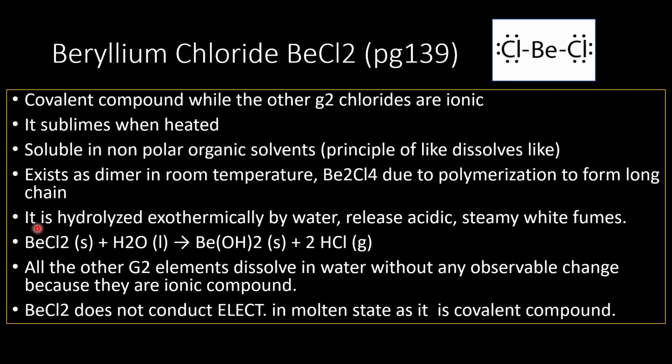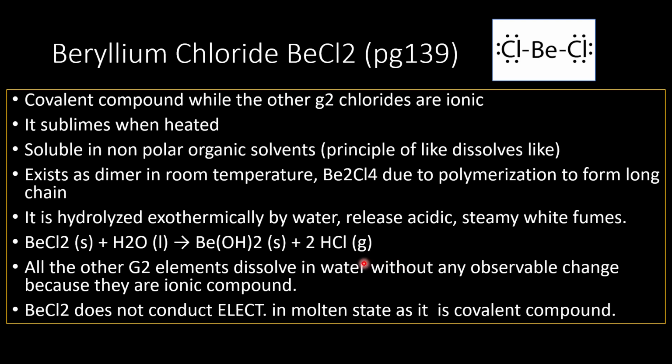Beryllium chloride hydrolyzes exothermically with water and releases acidic steamy white fumes. This equation represents the hydrolysis of beryllium chloride. When beryllium chloride reacts with water, it produces beryllium hydroxide, which is a new compound, and also 2 hydrogen chloride. This hydrogen chloride is the acidic steamy white fumes.